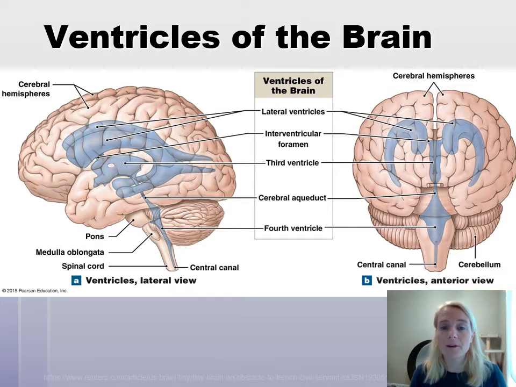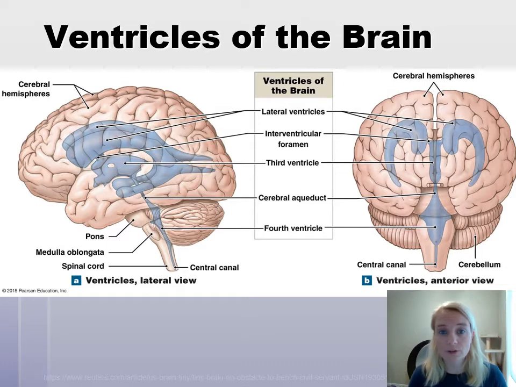Now, if you have any background with heart anatomy, you know there's a left and right ventricle in the heart. It's not the same. It's just the usage of the word ventricle means hollow space. And so we applied that to heart anatomy, and we'll apply it to the brain anatomy also. These are fluid-filled spaces that developed from that hollow tube, opening in that neural tube that developed and changed as the brain structure was developing and changing.